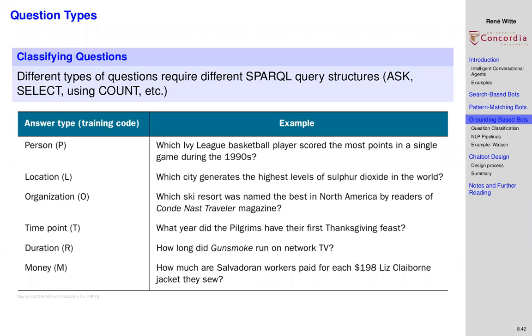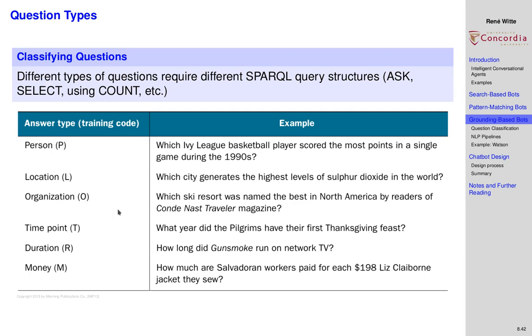One way of making this feasible is to first classify the question. If you have a lot of example questions, you can categorize them. And then for the specific category of question, you can have one or multiple SPARQL query patterns that you use.